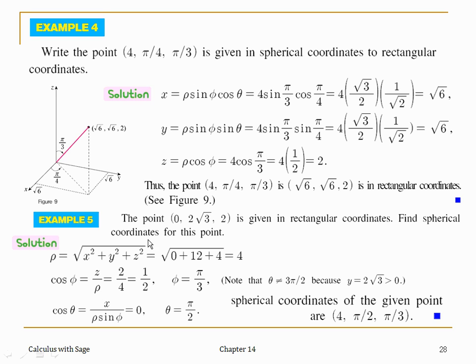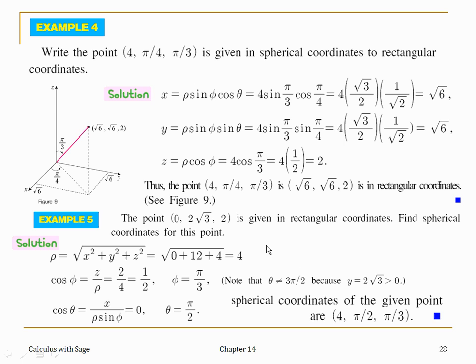So since we know all of them, we can just plug them in here to have phi as pi over 3, and cosine theta is 0, so theta is pi over 2. So this gives us rho, theta, and phi as the spherical coordinate.